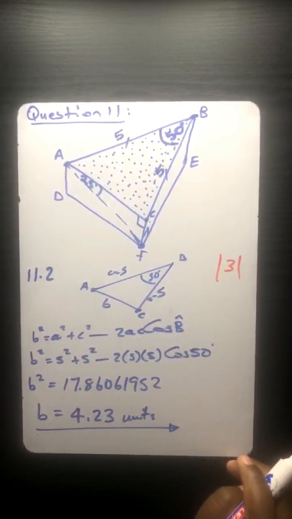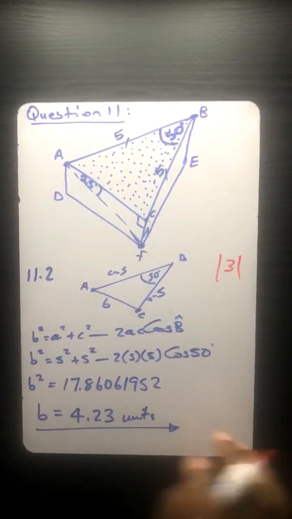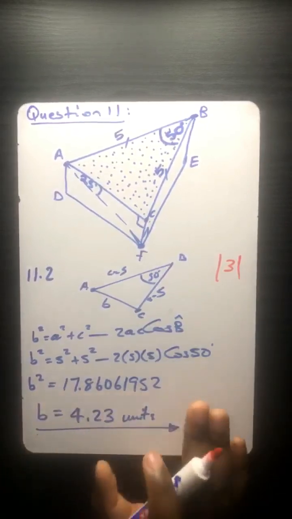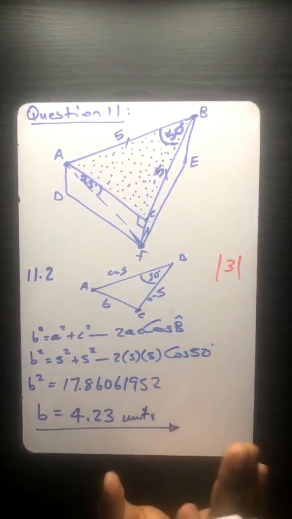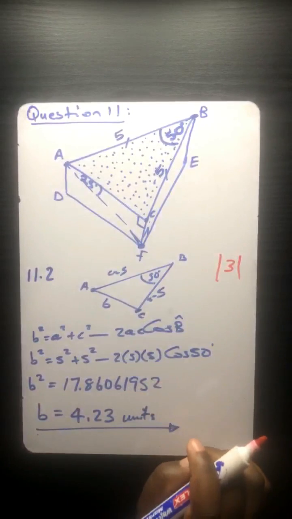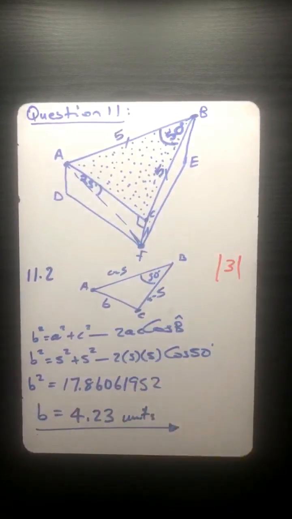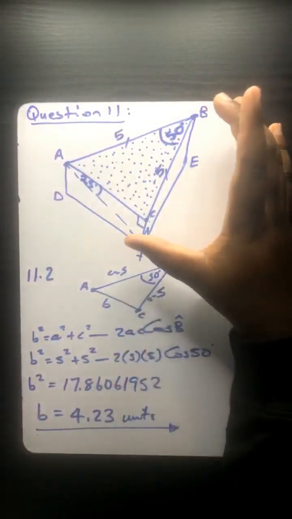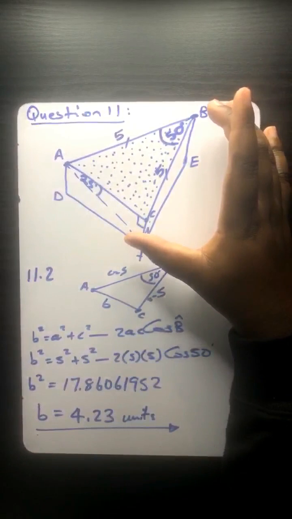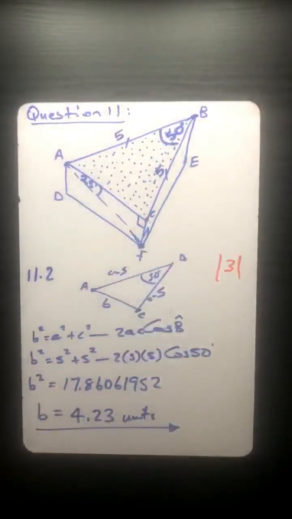it gets more complicated when it is combined with the double angles. But if not, they're just trying to test if you can apply the cosine rule, the sine rule, and the area rule. That's all. Also, they want to check if you are able to interpret the given diagram.